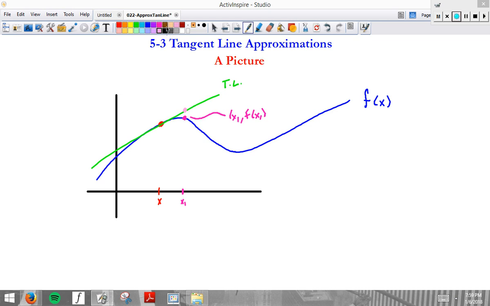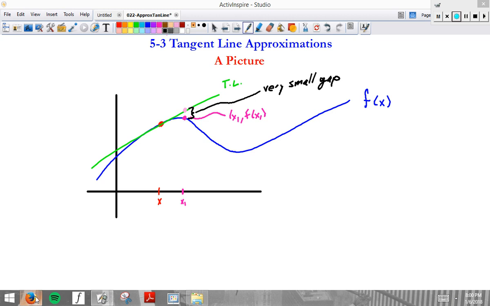And this distance between these two y values is a very small gap because our tangent line is going to match the graph of f so well. So that's us drawing a picture.